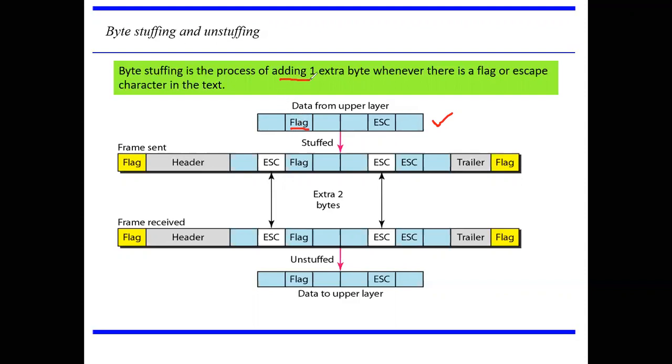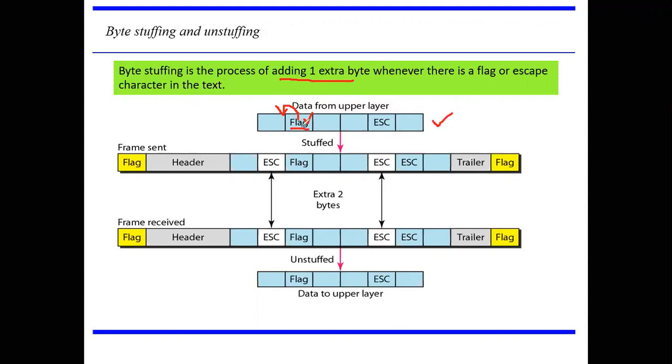We need to add one extra byte. Once you recognize a flag pattern in your data, before the flag pattern a byte has to be inserted. That is one extra byte whenever there is a flag or an escape character in the text.